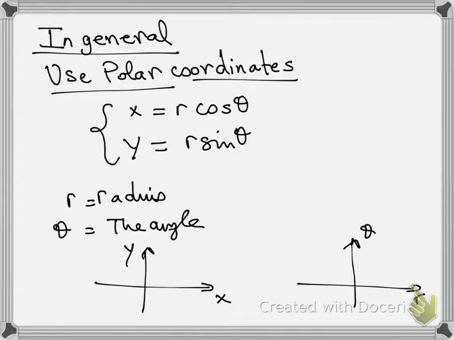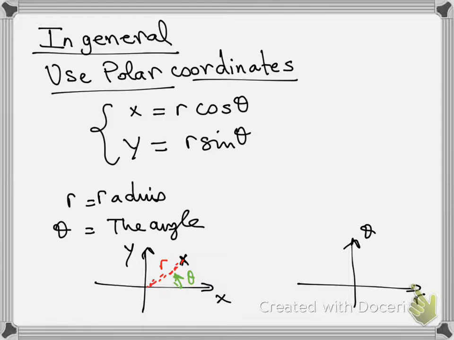So for example, if you have a point here, there is a unique r. The r is the distance from the origin. And the angle theta is this angle here. So for any point, there is a unique r and theta, except actually the origin.